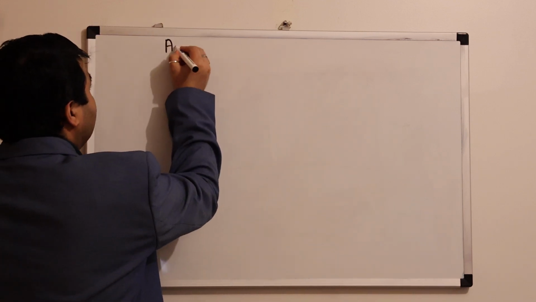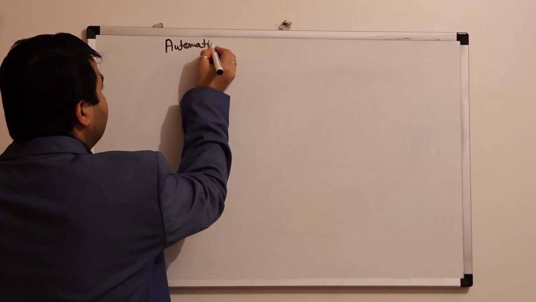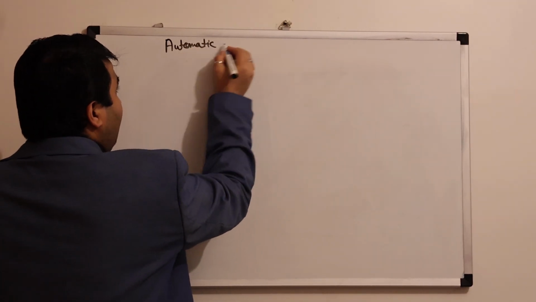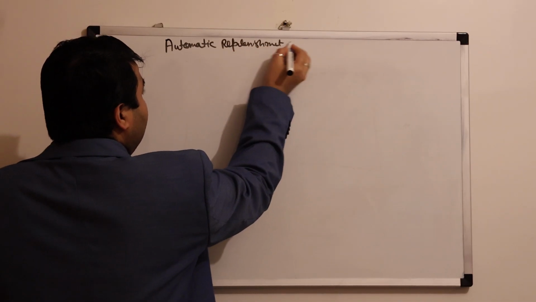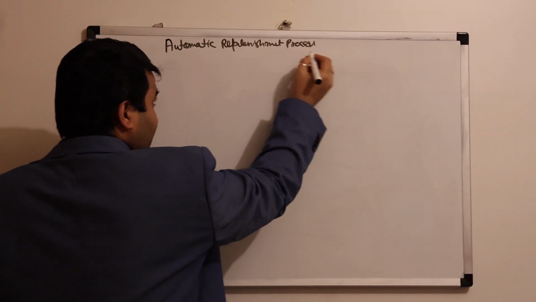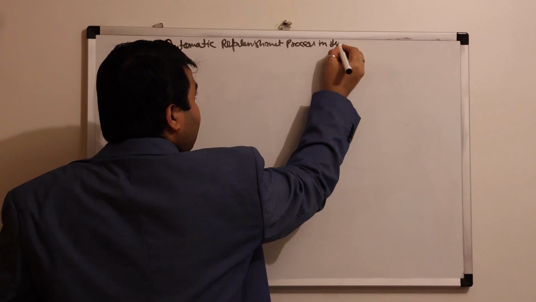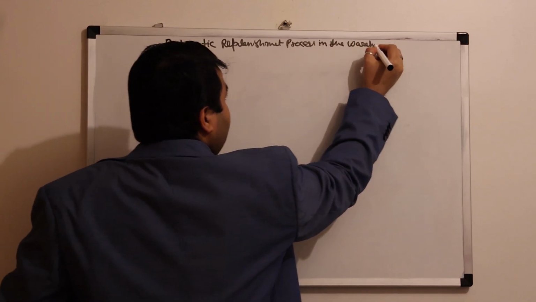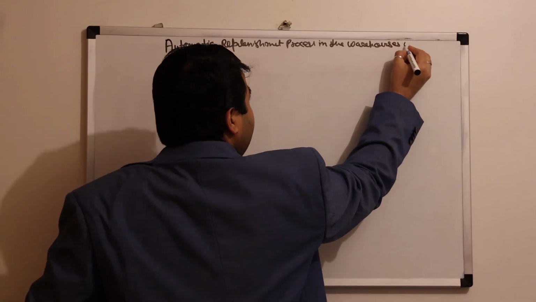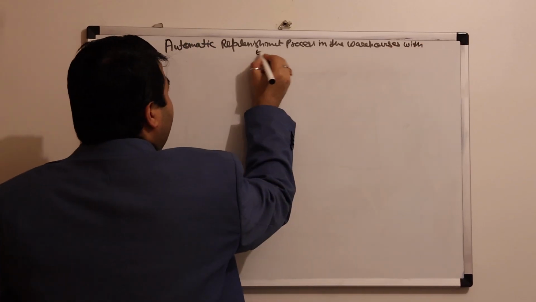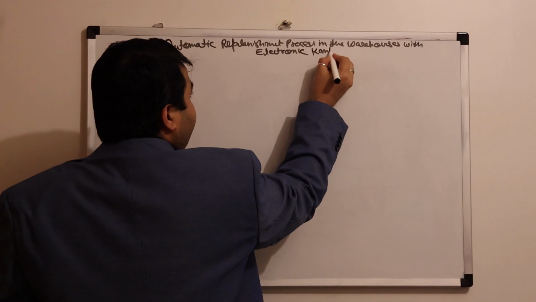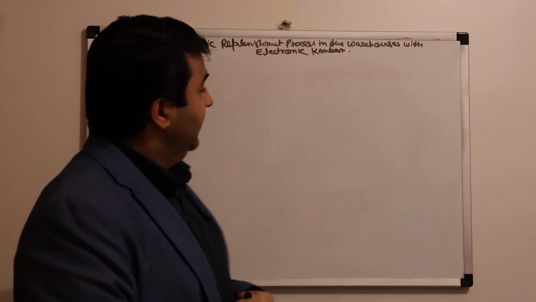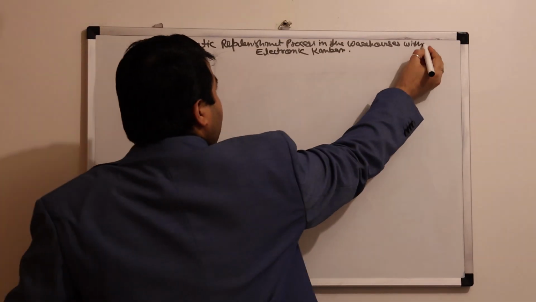So today our topic is automatic replenishment process, or business process in the warehouses with electronic Kanban.